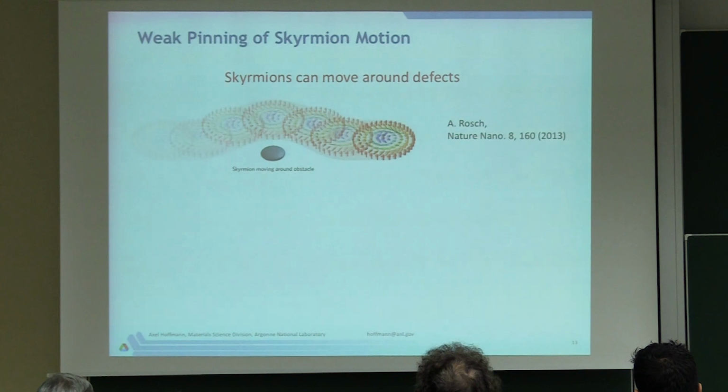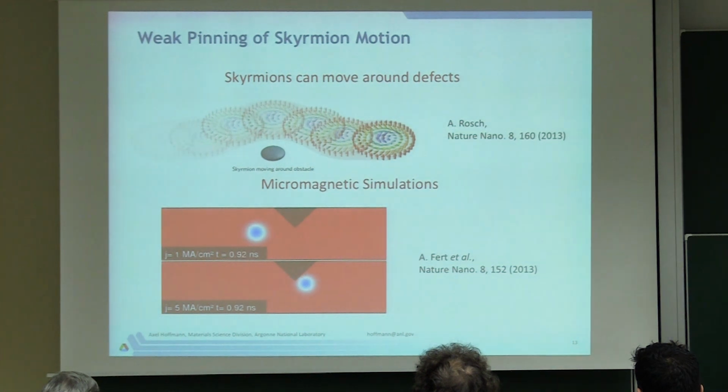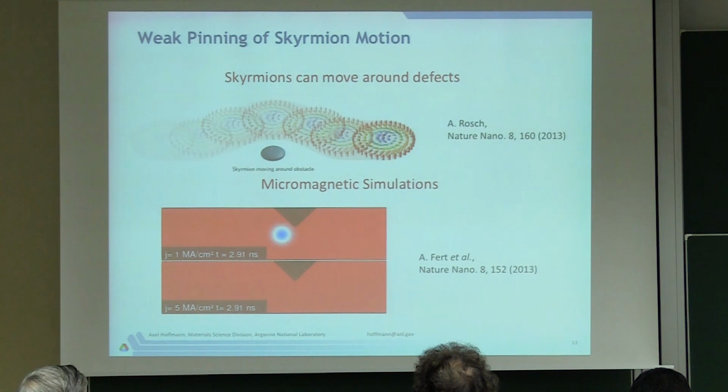And so pinning, at least in principle, may not be much of an issue. The other thing, which turns out to be quite nice in these magnetic multilayers, is that you also have different mechanisms by which you can drive these skyrmions, and I'll come back to that later.